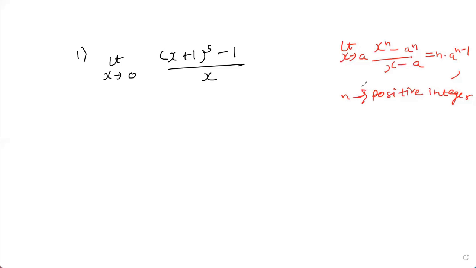Now, if I apply this concept to this sum, we can see that we do have a power here, but that is for x plus 1, not x. So in that case, we'll first try to bring it into that form, and for doing so we have to assume x plus 1 as some variable.